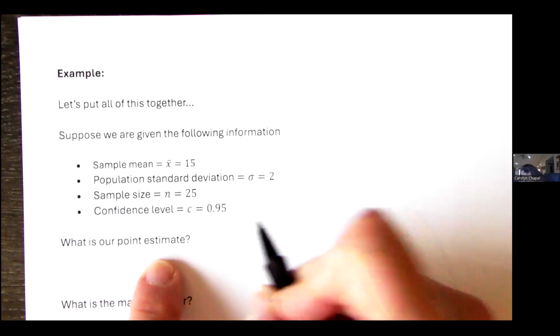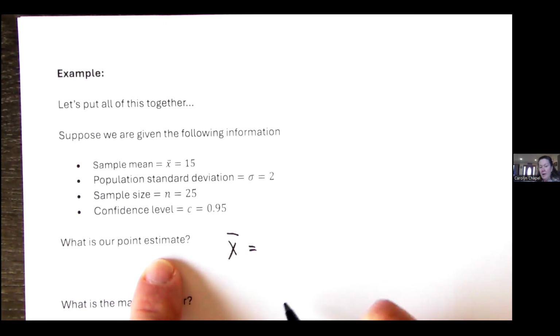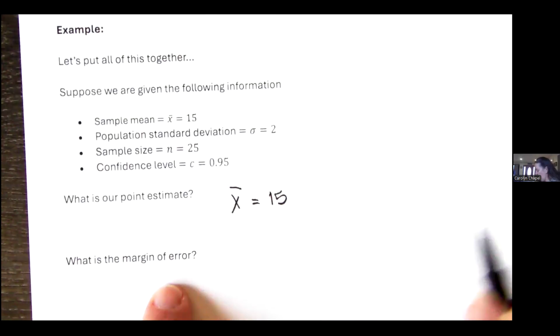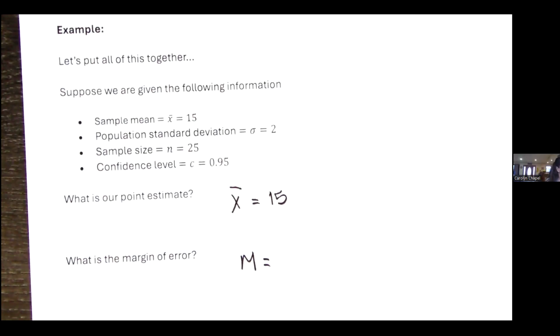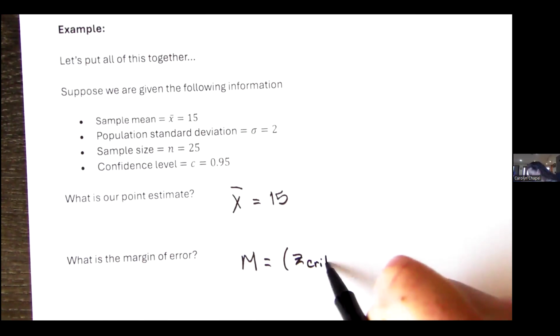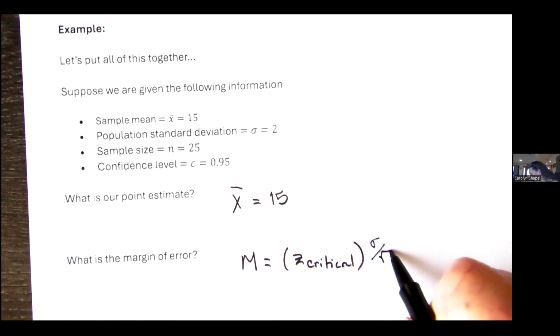Remembering our point estimate is just simply the X bar. That was our 15. Our margin of error, that would be M. And the formula we had for M, how accurate we wanted to be so we could get that confidence level, is our Z critical multiplied by our sigma over the square root of N.